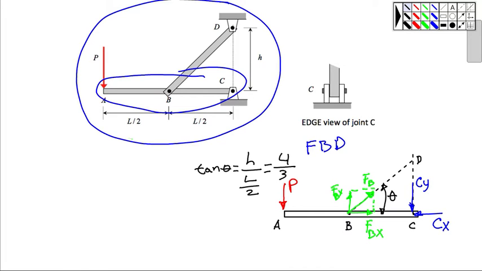We also need the sine of theta, which we can compute, and we find that it is equal to 4 over 5.